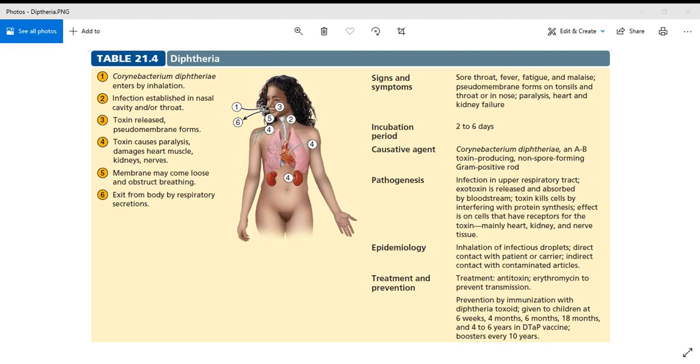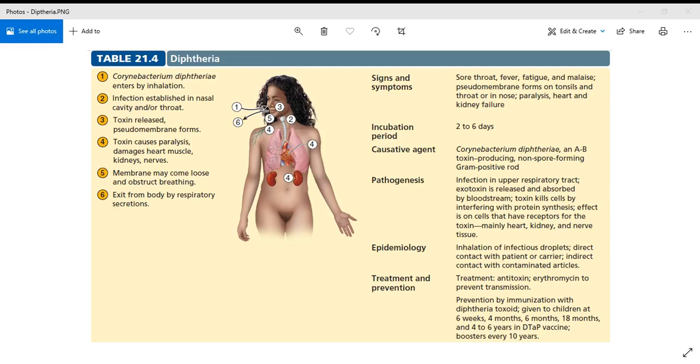But the disease is actually a very dangerous one. Statistically, 1 out of 10 patients who contract diphtheria usually dies, because it's actually a very fatal infection. Once the toxins enter the blood, it causes a lot of damage.